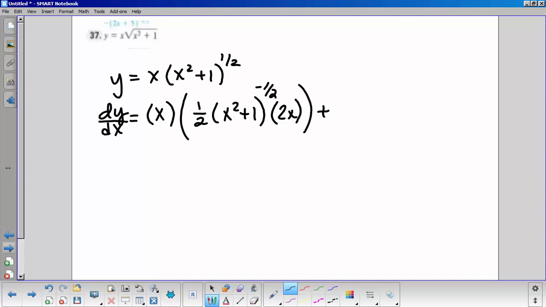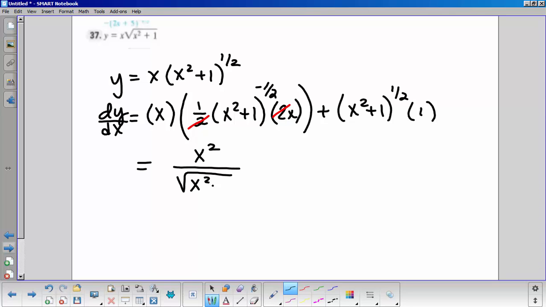Plus second, which is x squared plus 1 to the 1 half, d first, which is gloriously 1, right? All right, so let's simplify. Now, this 2 and this 2 can cancel, and now I'm putting things where they belong. So, what's in the numerator? X times x, so we get x squared up here over square root of x squared plus 1 plus the square root of x squared plus 1.